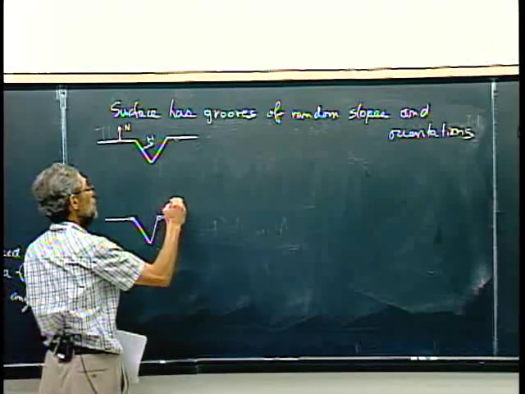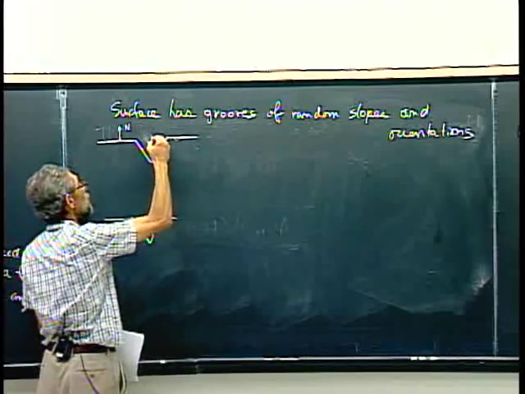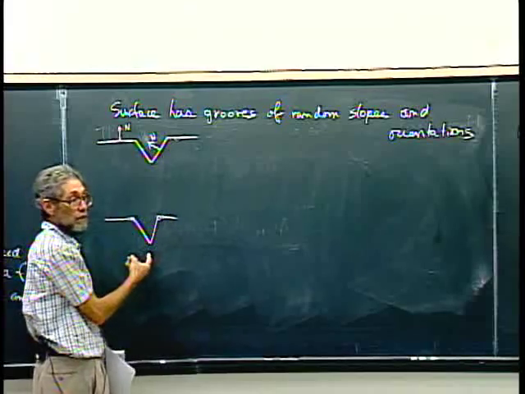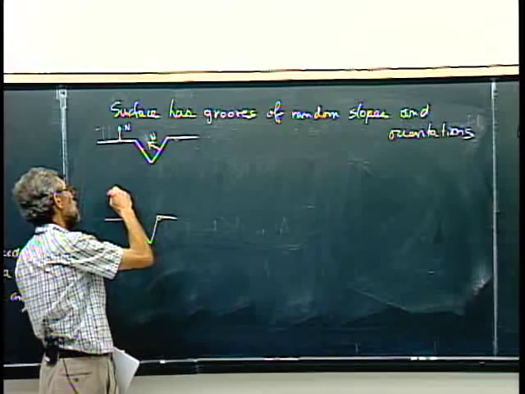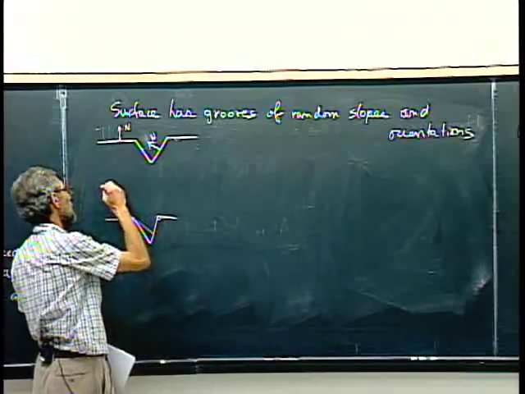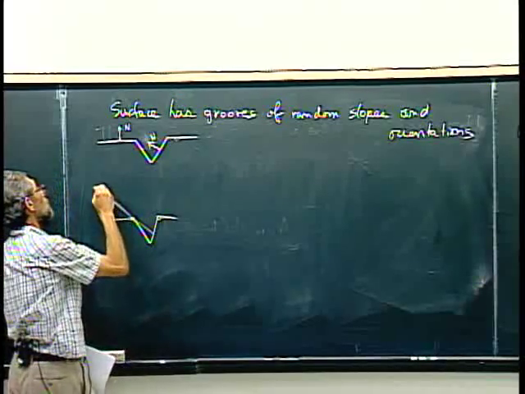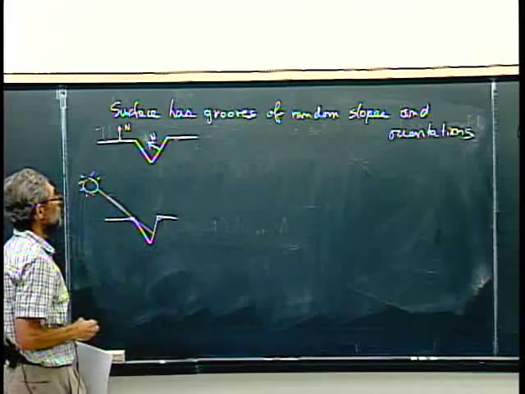Okay, and say we're looking, or I was thinking the other direction. Let me consider this half of the groove. So assume that here is the lighting direction. So I'm going to draw sort of like the sun or a light bulb irradiating in this direction.